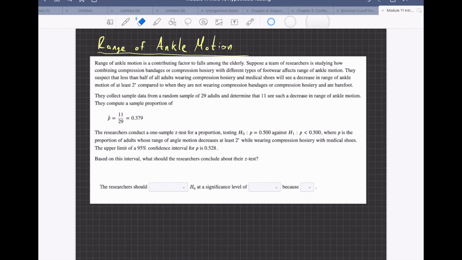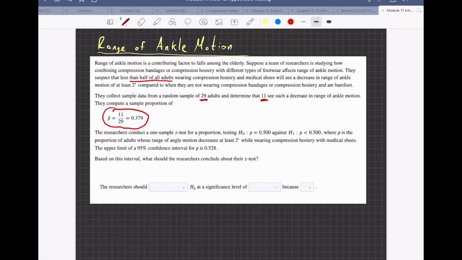They suspect that less than half of all adults, so notice important information here, less than half wearing compression hosiery and medical shoes will see a decrease in range of ankle motion of at least 2 degrees compared to when they are not wearing compression bandages or compression hosiery and barefoot.